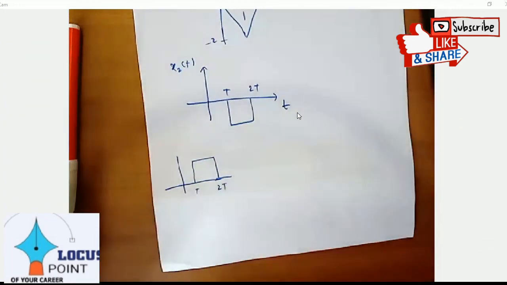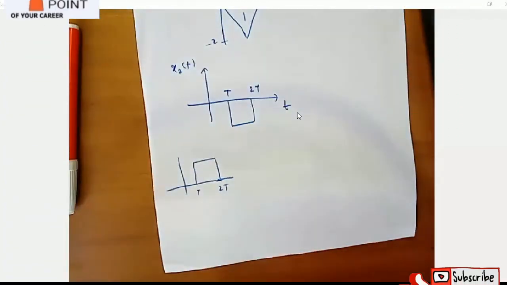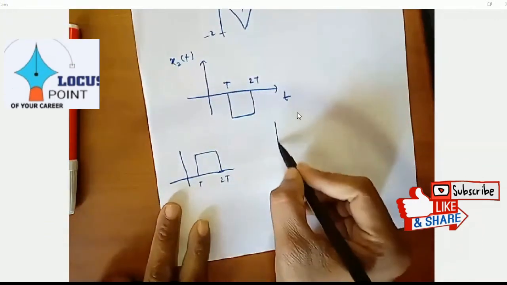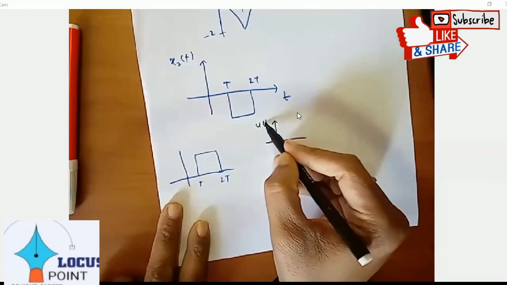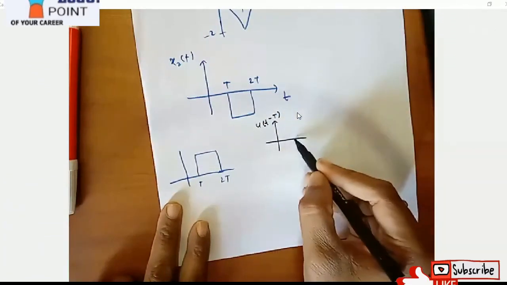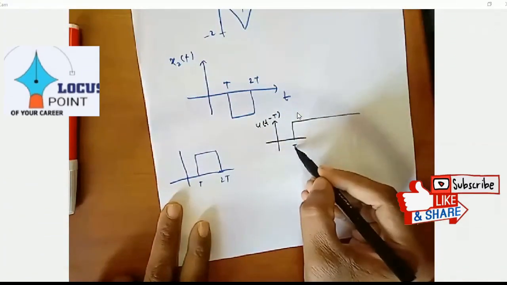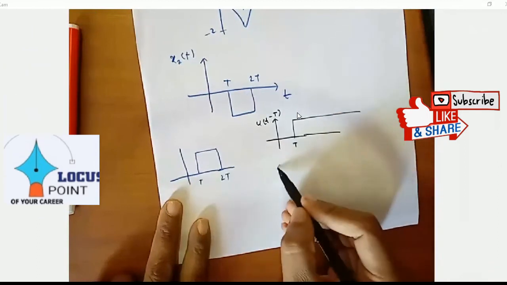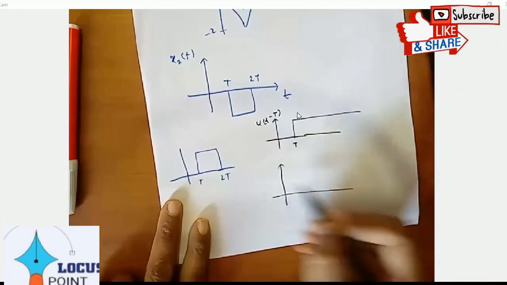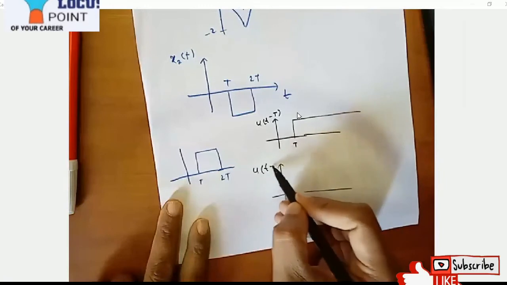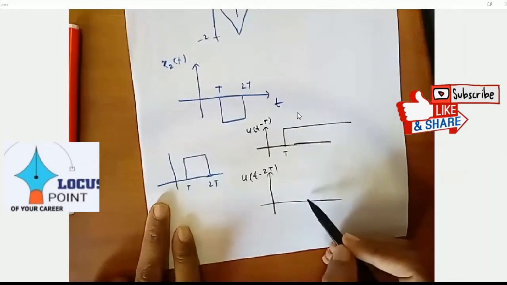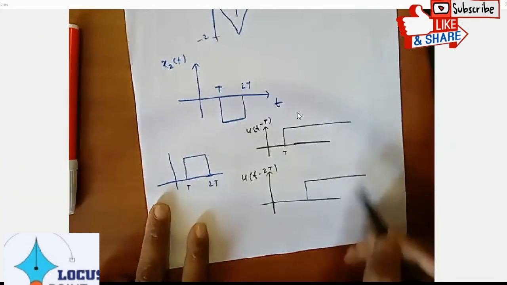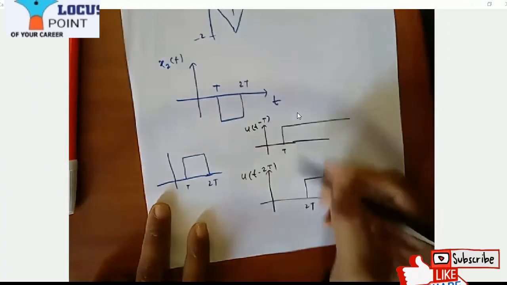And how will you write the equation? The simple equation is u of t minus T, then your graph will be shifted by T. And the second equation you can write is u of t minus 2T, that means your u of t graph will be shifted by 2T, it will be like this.